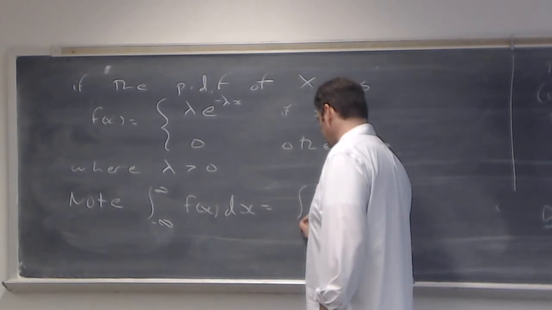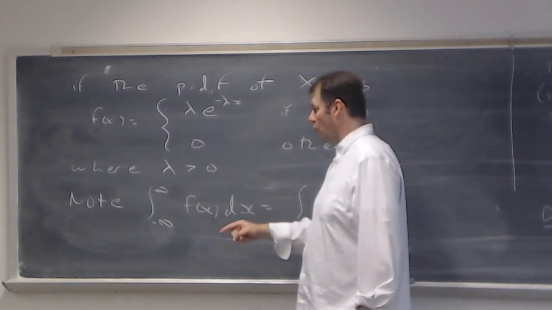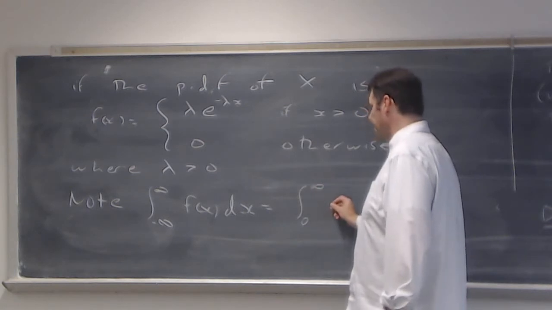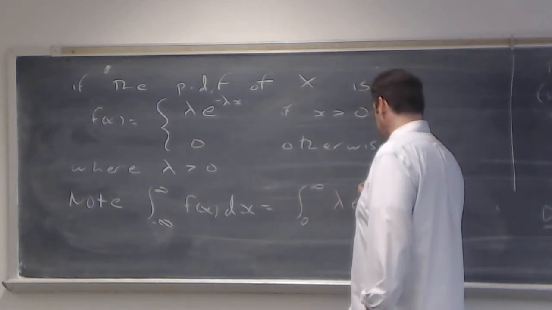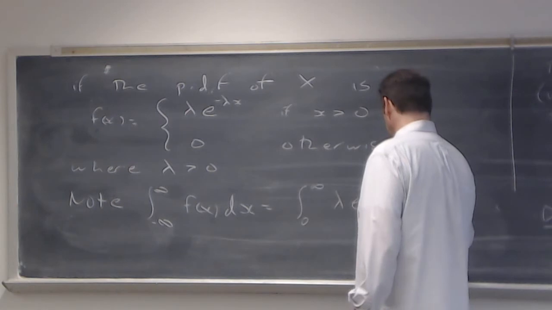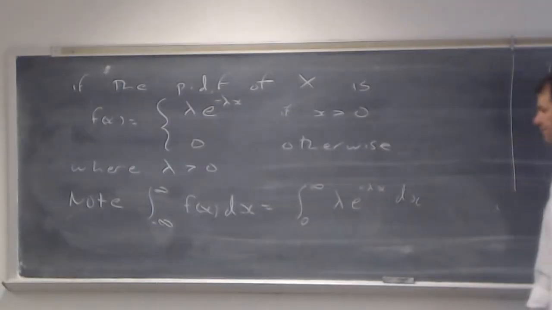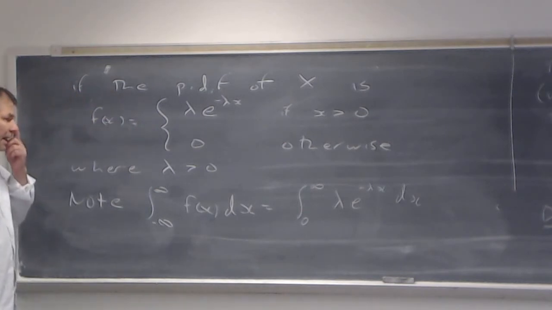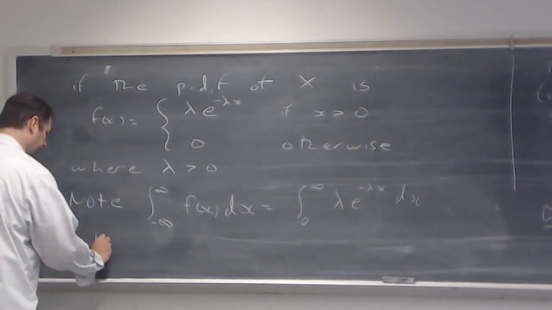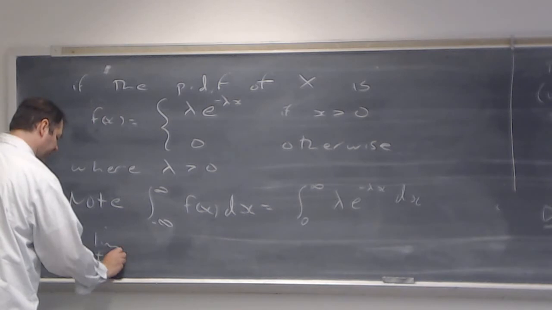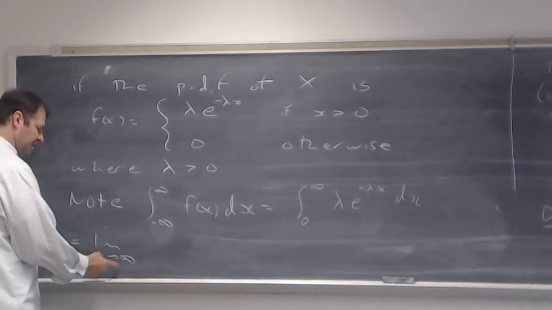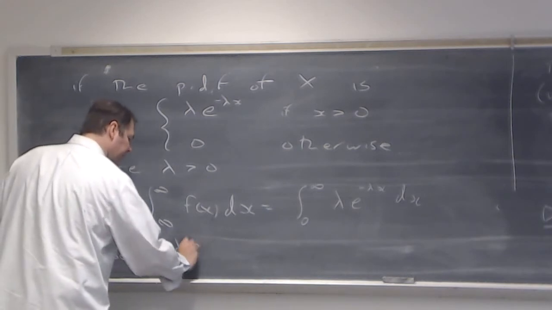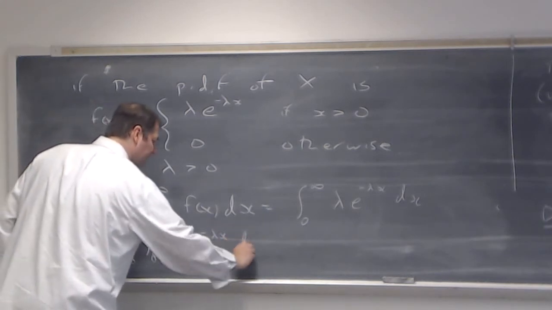So we can rewrite this as the integral over the non-zero region, 0 to infinity, of lambda times e to the minus lambda x dx. This is an improper integral, so I'll rewrite it as the limit as t goes to infinity of the integral from 0 to t of lambda e to the minus lambda x dx.